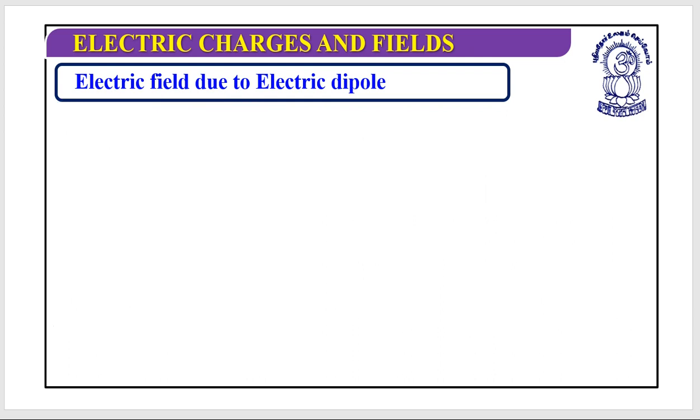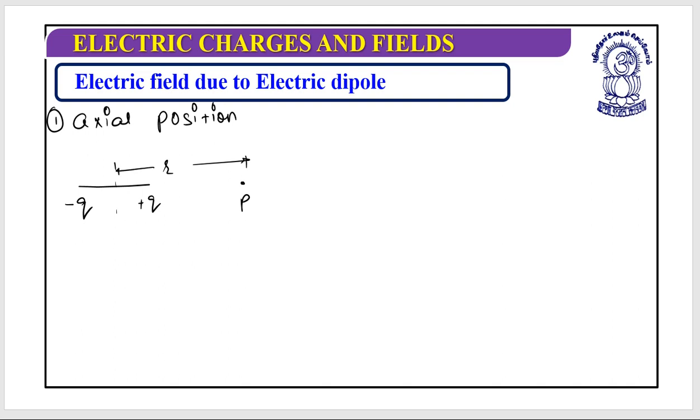Very first, it is an axial position, something like this, minus q, plus q. At this point you require an electric field. Let us consider this as a short dipole.